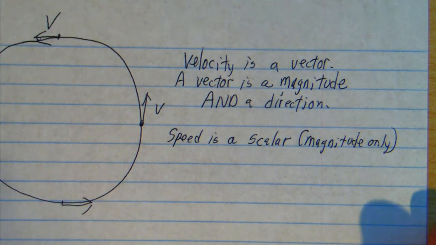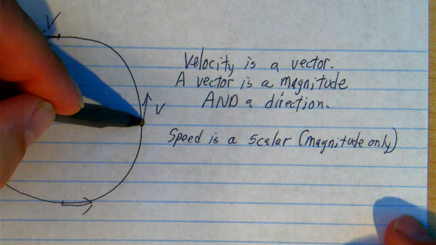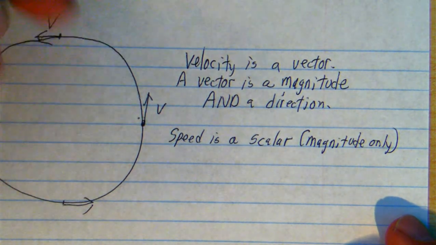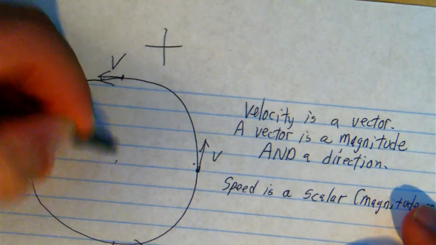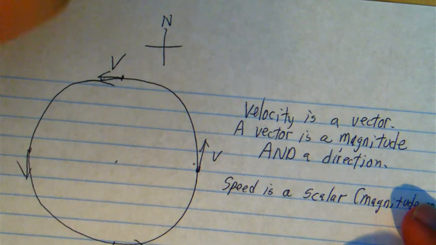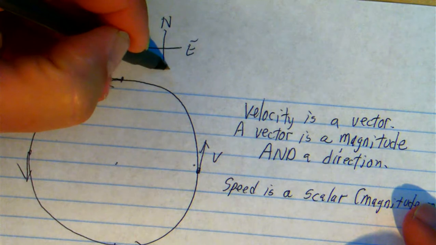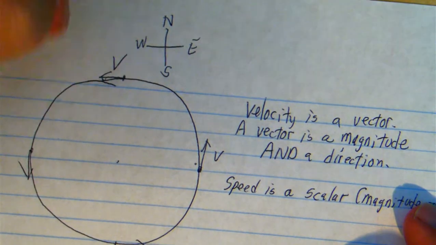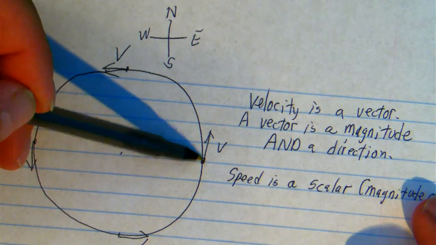So velocity is a vector. And at this moment, when I was on the circle, my speed was constant. Let's say I'm using a compass and I'm looking down from above. Towards the top of the sheet of paper represents north, to the right is east, down to the bottom of the paper is south, to the left is west. So at this moment, I was heading north.